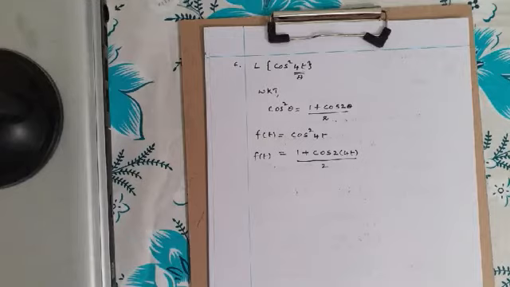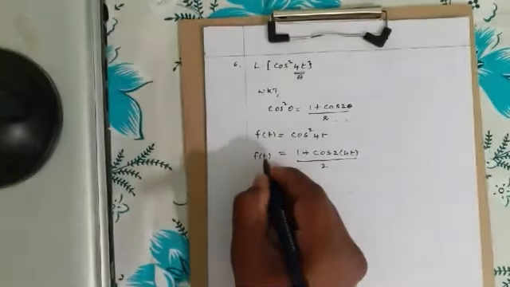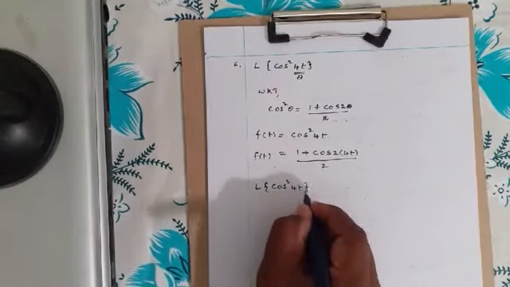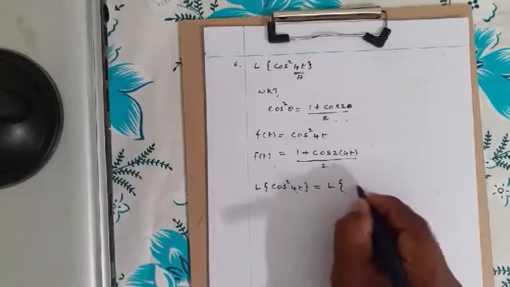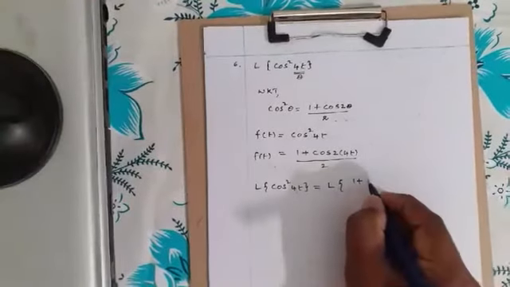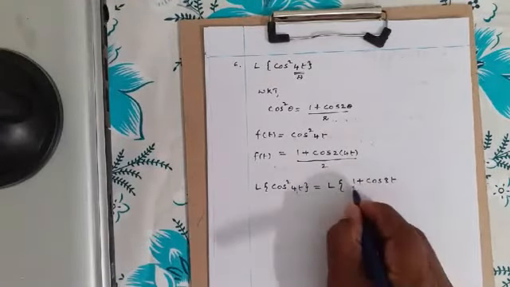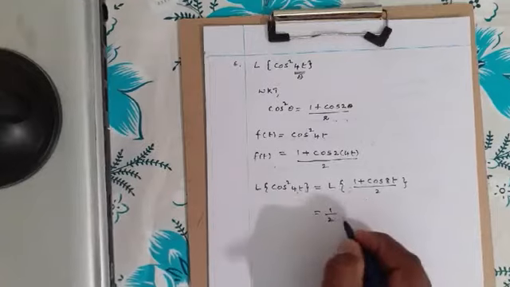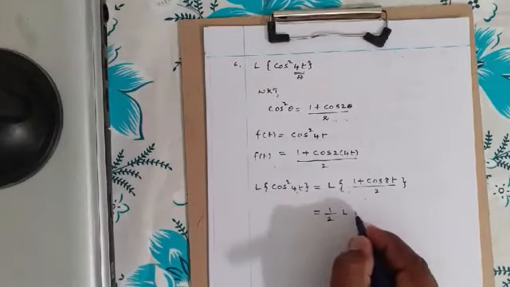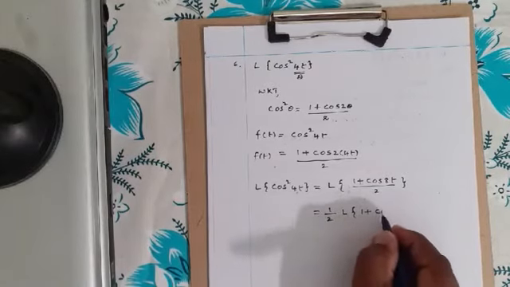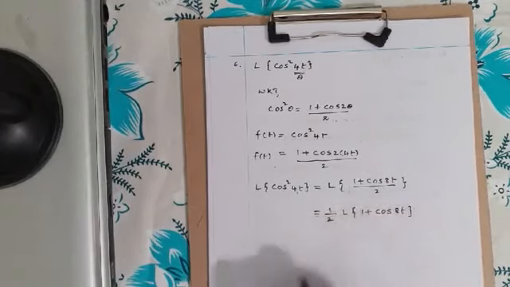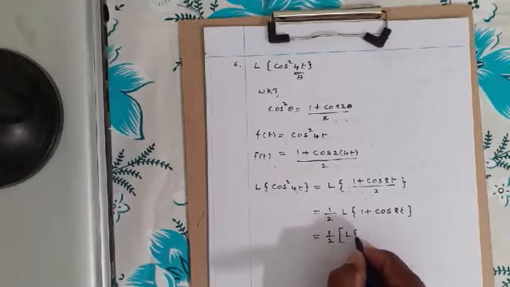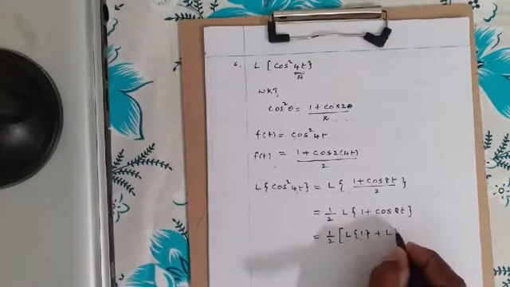After you apply Laplace, L of cos square 4t is equal to L of 1 plus cos 8t upon 2. I take 1 by 2 common, so I can write Laplace of 1 plus cos 8t, which is equal to 1 upon 2 times Laplace of 1 plus Laplace of cos 8t.